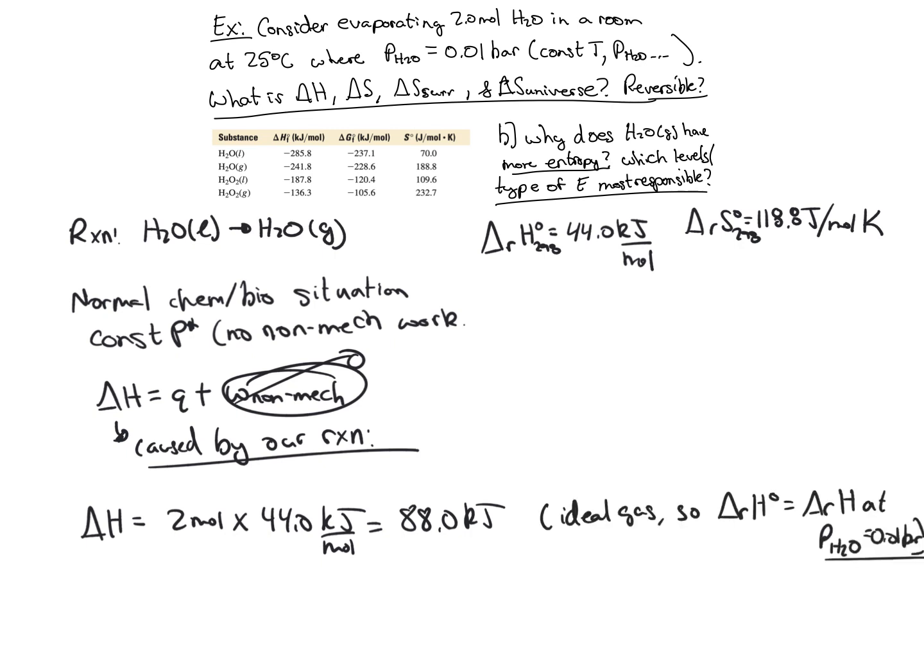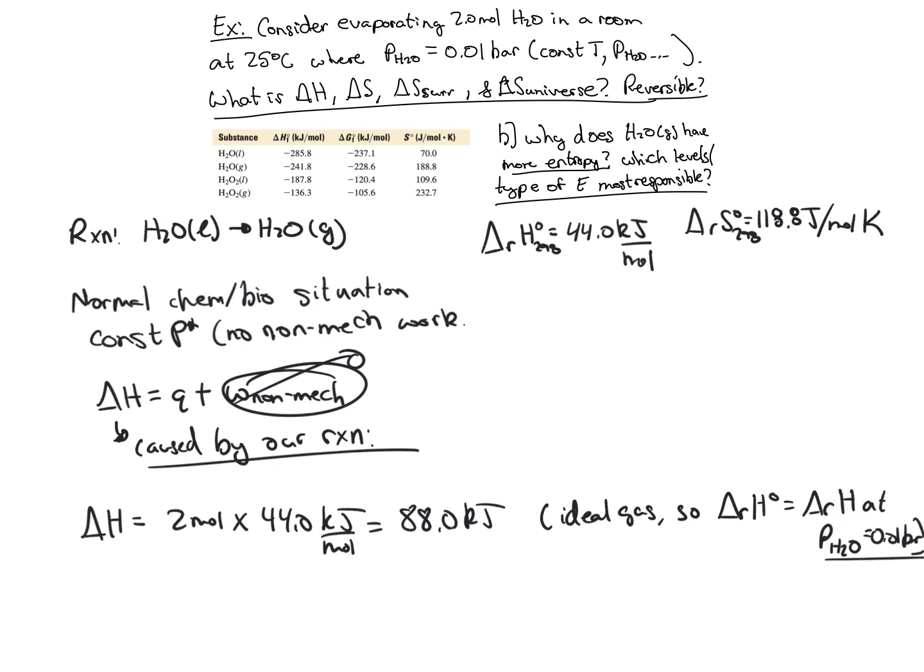One important caveat here that I forgot to mention was that this is an ideal gas, or we're assuming water is an ideal gas, so that delta R of H at these conditions, which are not standard conditions, we have PH2O is only 0.01 bar, are just the exact same as the delta H at standard conditions.